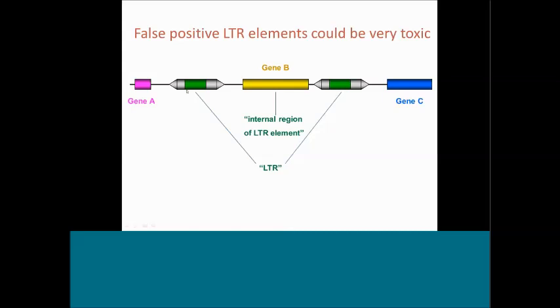Then if you use this entire structure to mask a genome, you will mask this gene out. And if this gene belongs to a gene family, then this will be horrible because you are masking all the gene family members out, and you will lose a lot of genes.